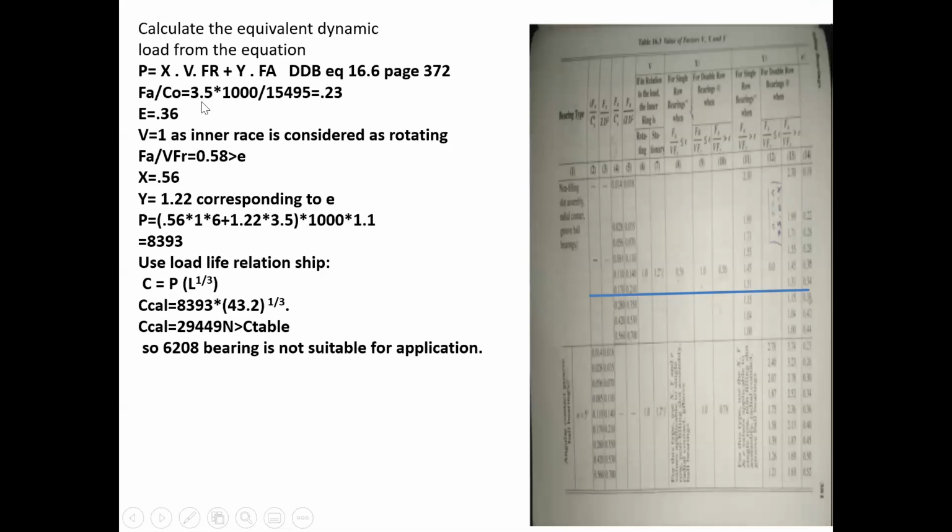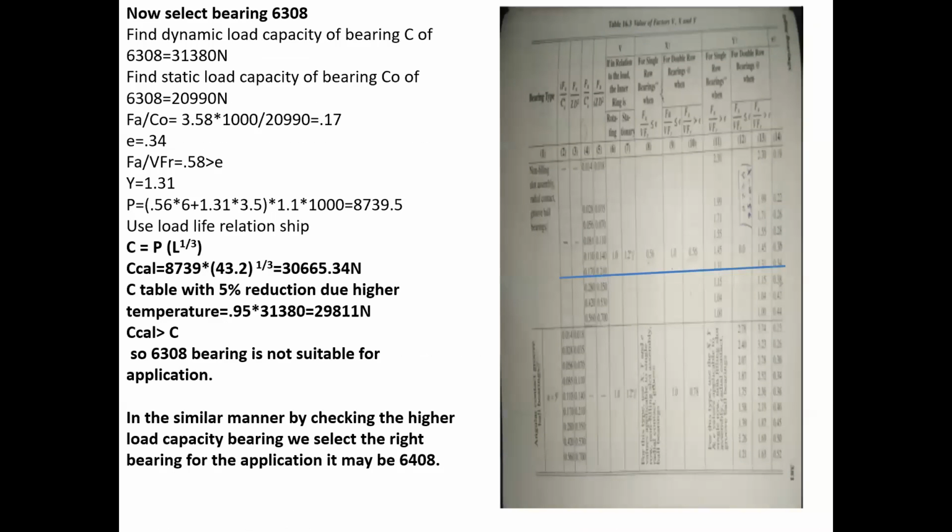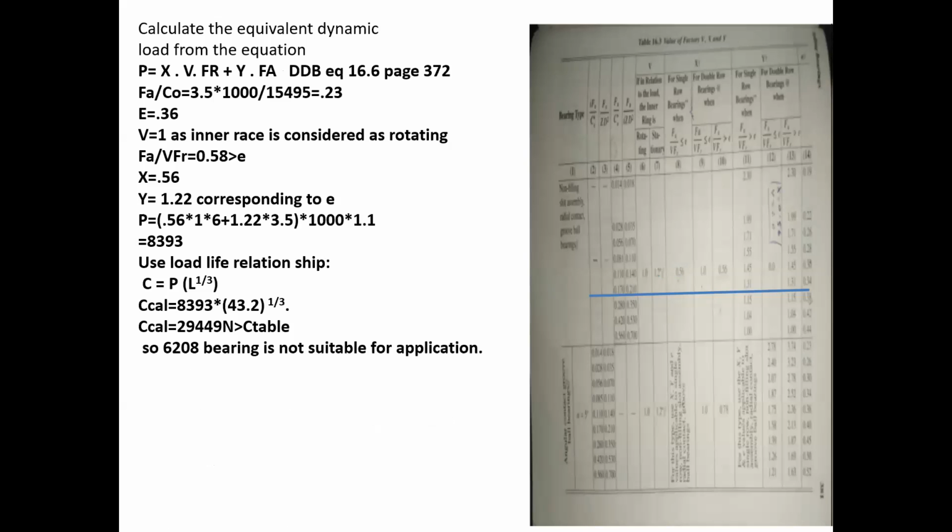The Fa given in the data is 3.5 kilonewton, that is 3.5 into 10 to the power 3 divided by C0, that is 15,495. This comes out 0.23.